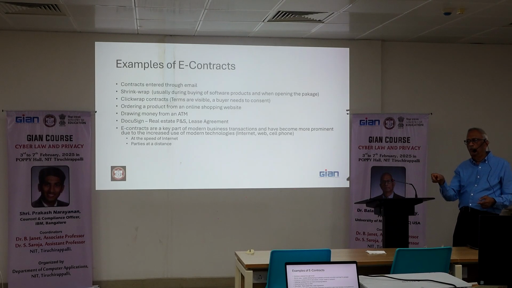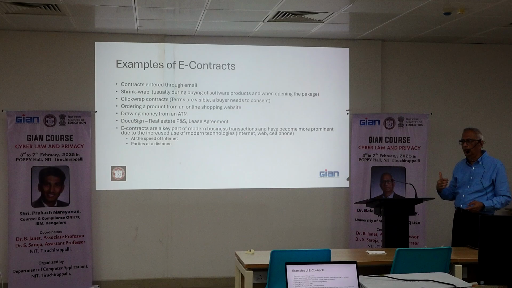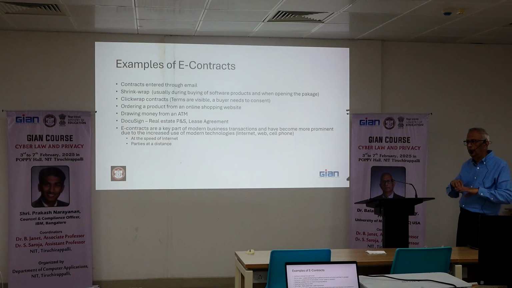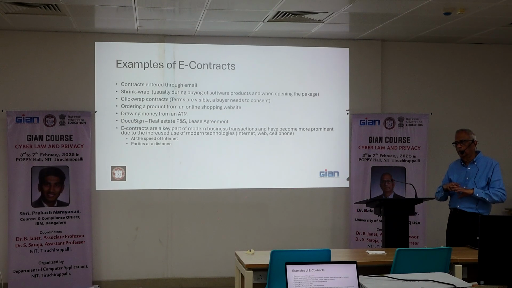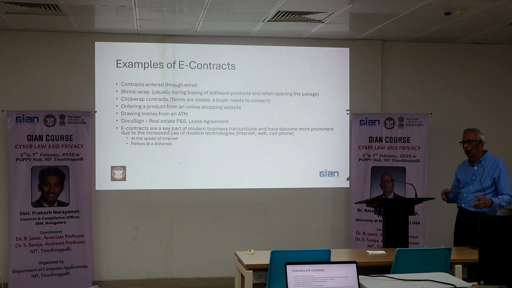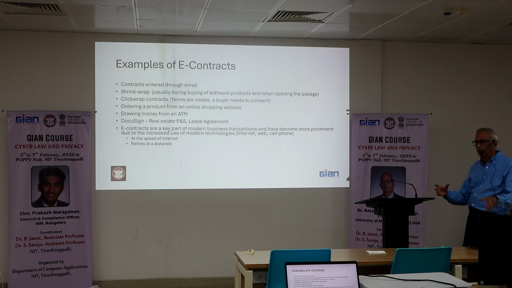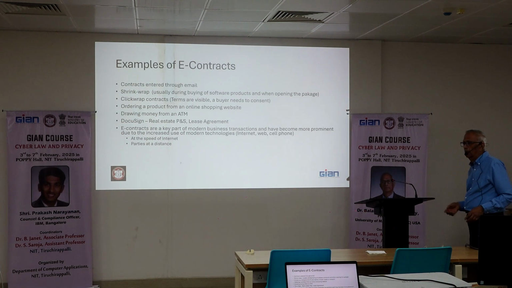If you want to install, you have to click and accept everything: how you can use it, how you cannot give it to somebody else, how you will not misuse it. Only then will the software you are trying to install open and let you install. That's all click wrap contract.